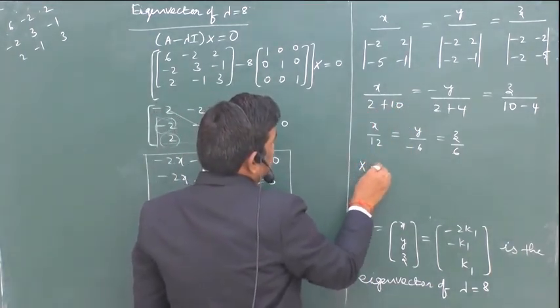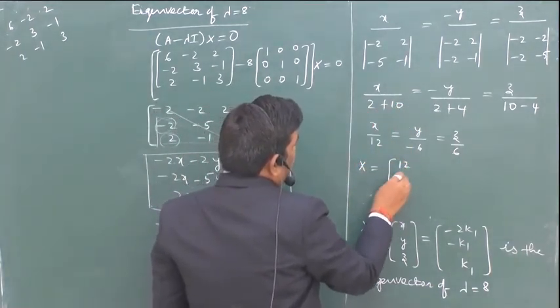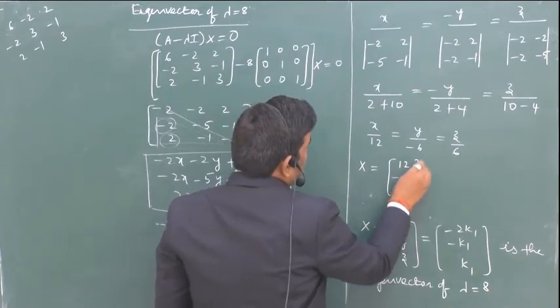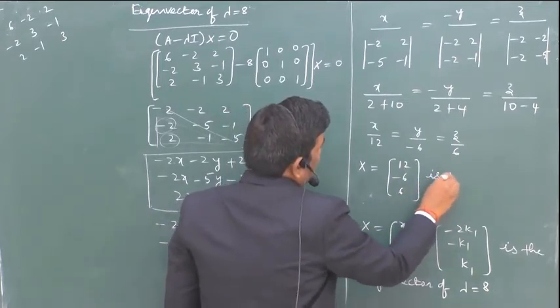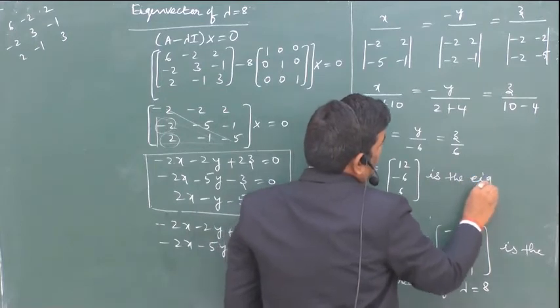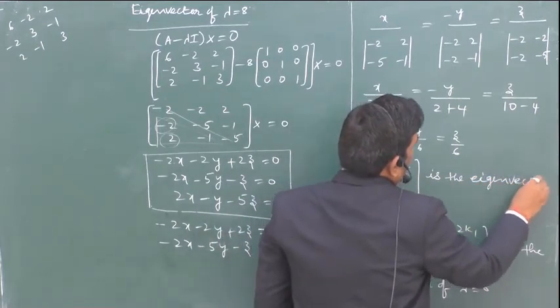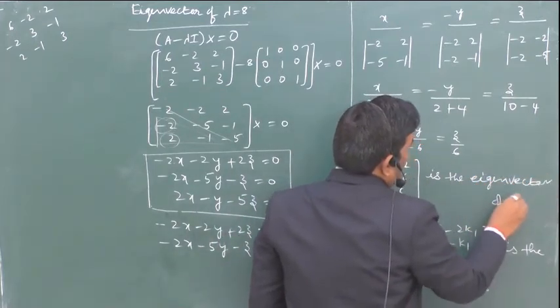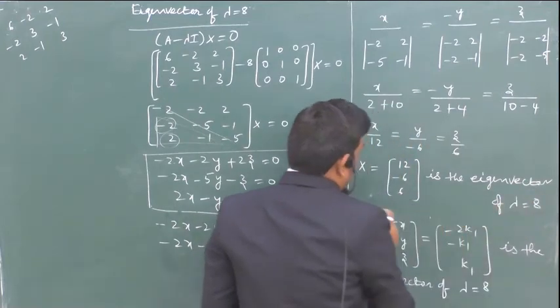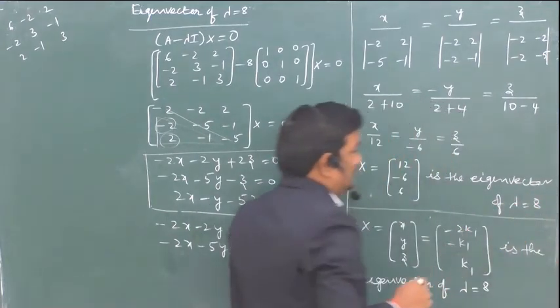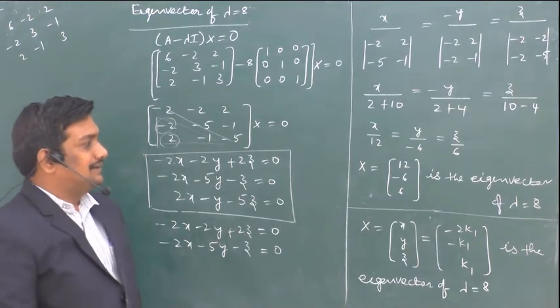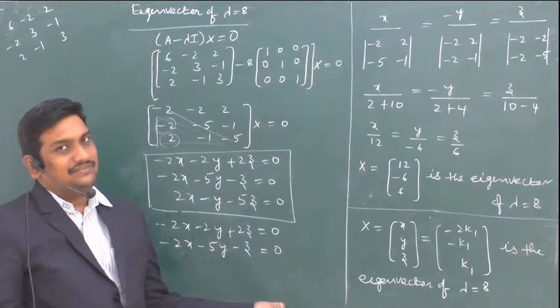Now finally capital X is equal to 12, minus 6, 6, which is the eigenvector of lambda equals 8. So in the second approach you got 12, minus 6, 6 as the eigenvector.